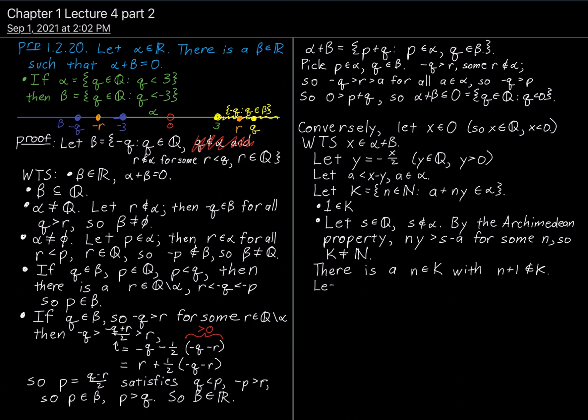So we're going to let p be a plus ny, and then p is in alpha by definition. And we know that a plus (n plus 1)y is not in alpha, so p plus y is not in alpha.